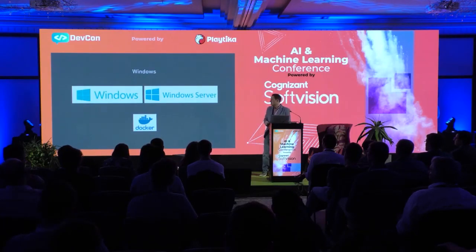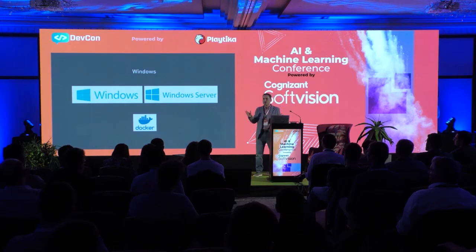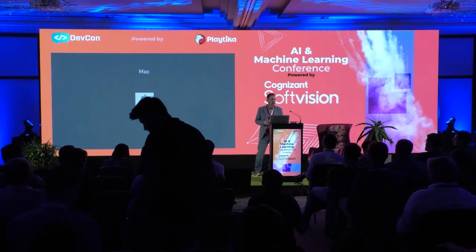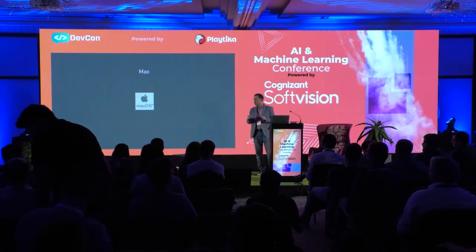Next, Windows. Who in the room develops on Windows? I'm expecting more hands. No? Oh, so not that many developers then. What do you develop on? Is it Mac? Who develops on Mac? Okay, so a few hands here. So basically, yeah, you have Linux, you have Windows, you have Mac, so anything PC or cloud, you can deploy in.